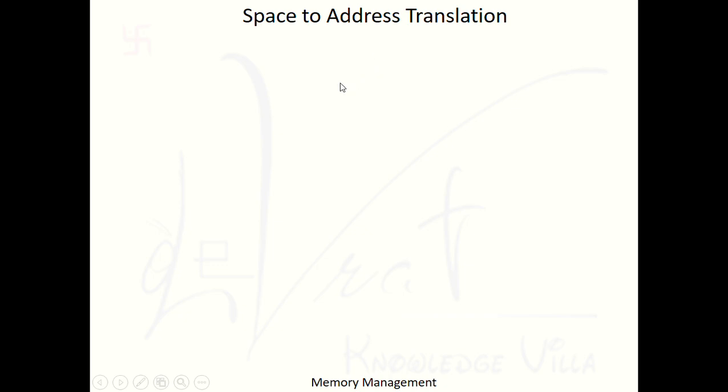We have already discussed one equation: memory size is equal to total number of address locations into size of address location. This equation we have already learned in our earlier video. Now we want to find out the total number of addresses, so we want to do the reverse procedure.